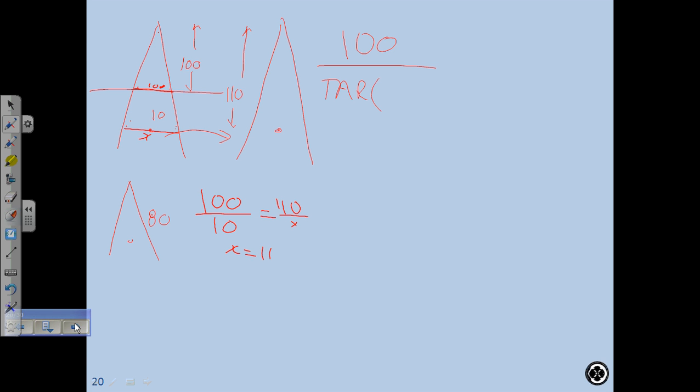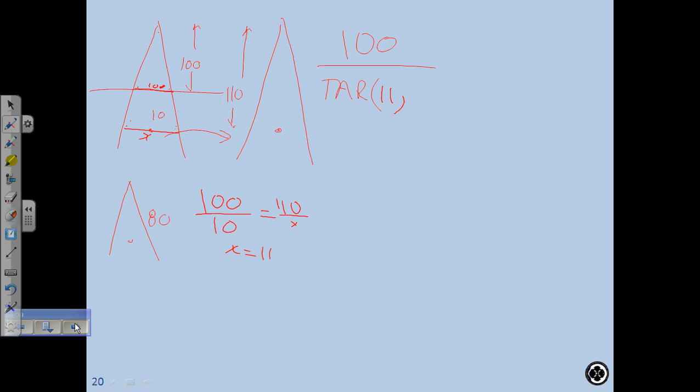Okay, so that's 11. So then we need TAR 11 because that's where our point of interest is. TAR 11, and this is where things get confusing. Like what field size to use when you're using the TAR. Why aren't we using 10 now? Well, we're not using 10 because we're going to use the TAR relationship, but the TAR relationship has to be for the depth and the field size of the point of interest.